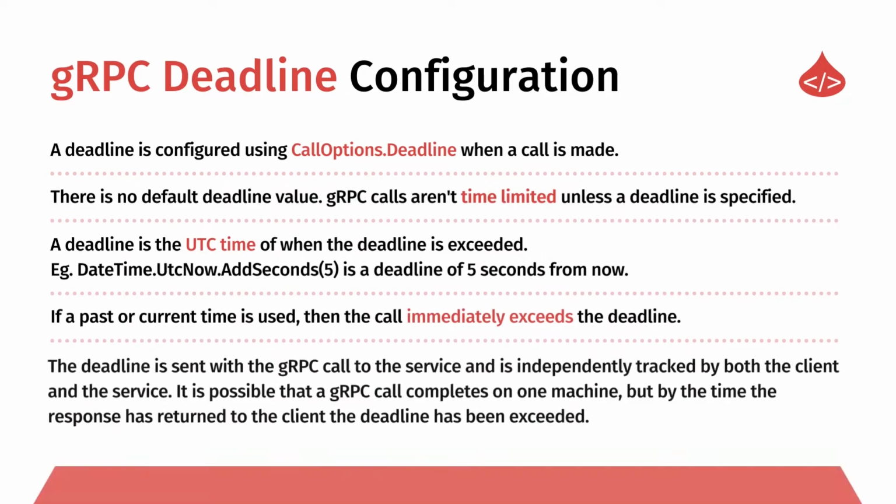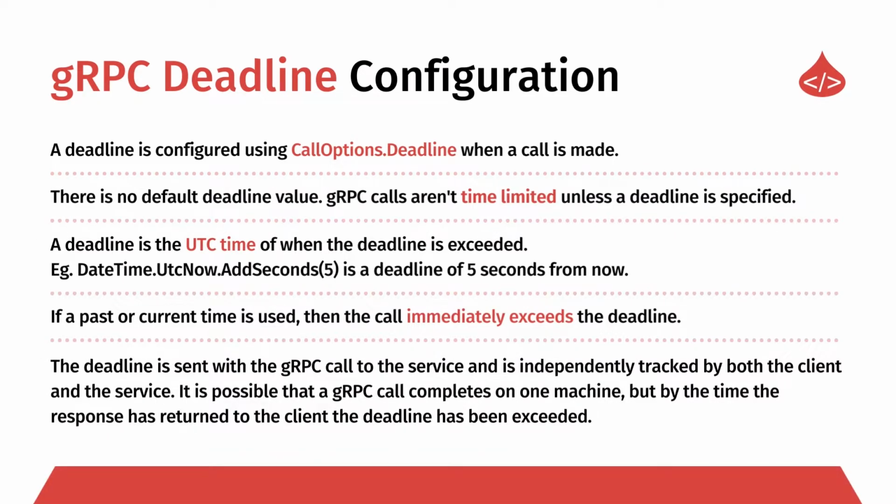So now let us see a few points about deadline configuration. A deadline is configured using CallOptions.Deadline when a call is made. There is no default deadline value. gRPC calls are not time limited unless a deadline is specified.